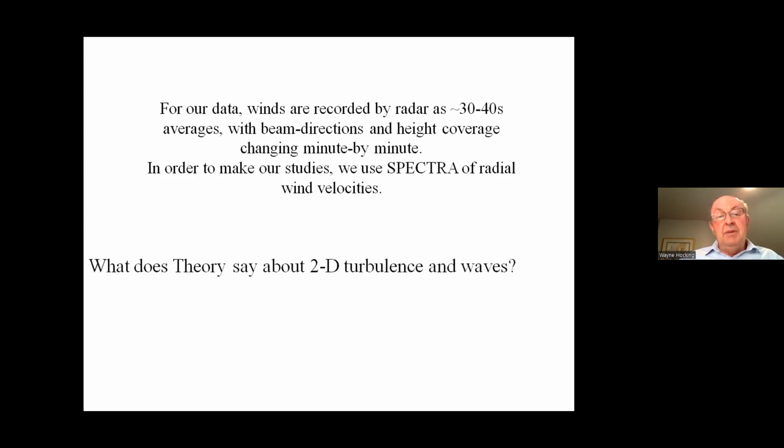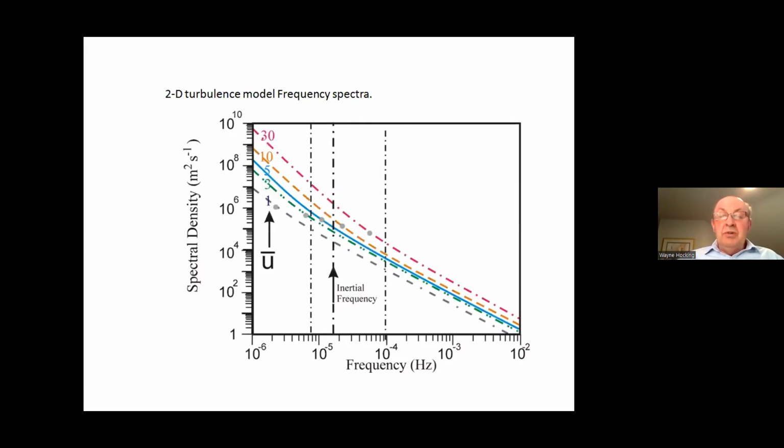We're going to look at the nature of the spectra. What does theory say about two-dimensional turbulence and waves? Two-dimensional turbulence at these scales, and we're talking scales from tens up to thousands of kilometers here, has a very clear structure. The structures themselves are physical, but because they're blown over the top of us by the mean wind, we can translate to a frequency spectrum, which is what's normally done with the Taylor frozen turbulence hypothesis.